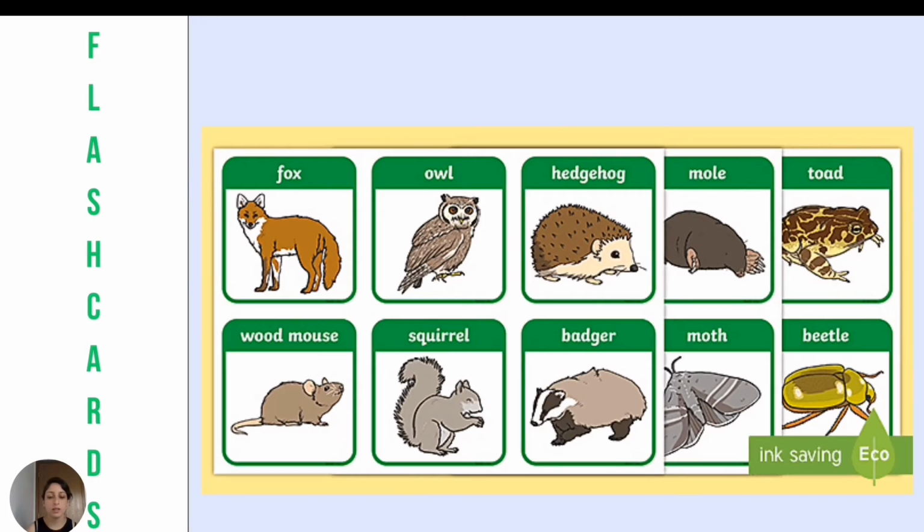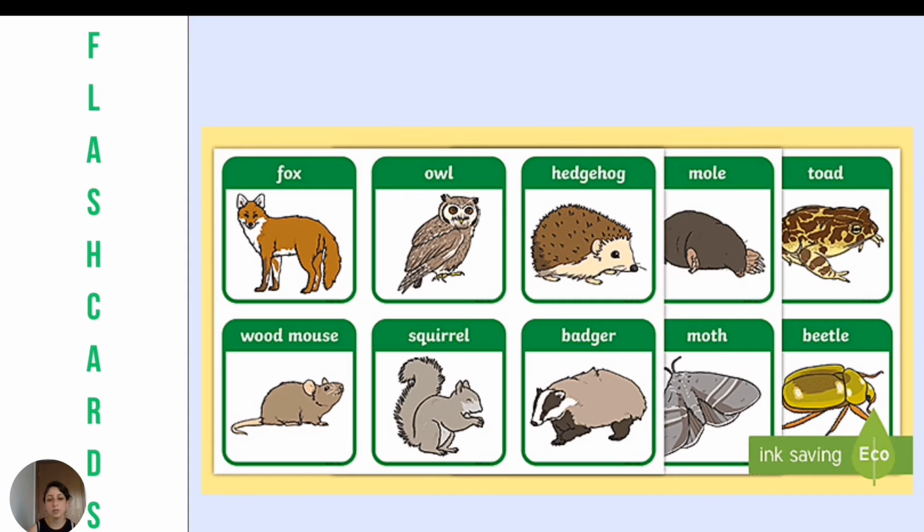After learning the definition of the word animal and the vocabulary related to the topic living creatures, it is important to put into practice the new information that the student has acquired. That's why we're going to use flashcards in order for the students to remember and learn better.